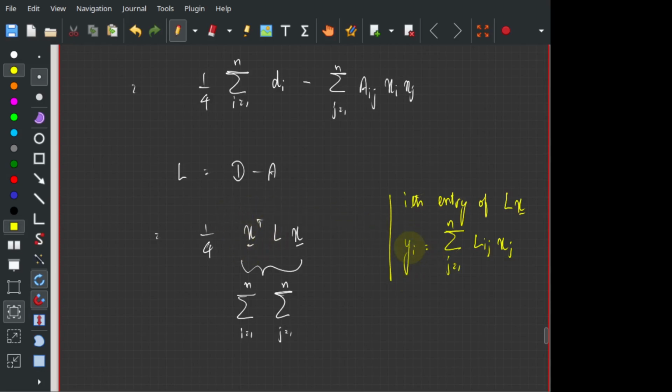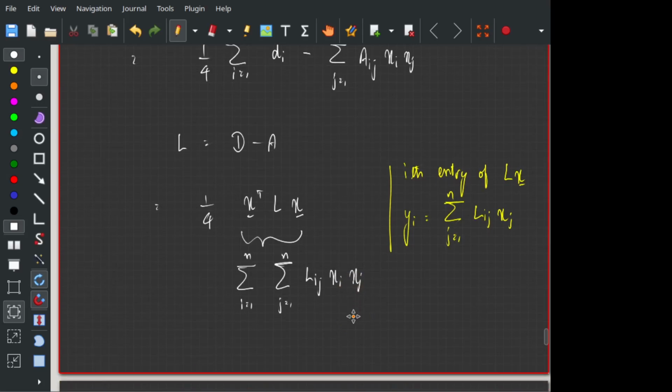And what is x transpose y equal to? It's summation over all i xi yi. So this is just summation over all i xi times summation j equal to 1 to n Lij xj. Correct? Does everyone agree?